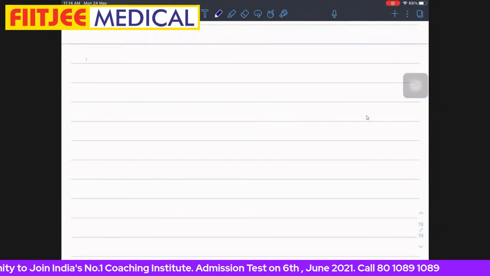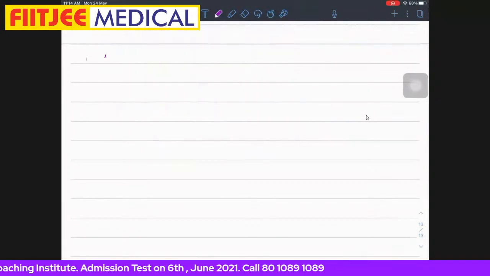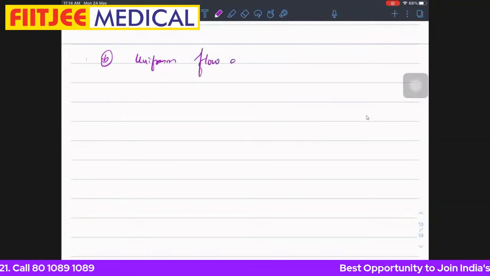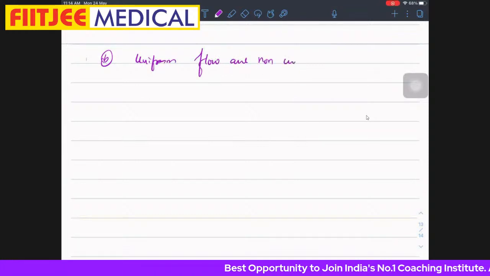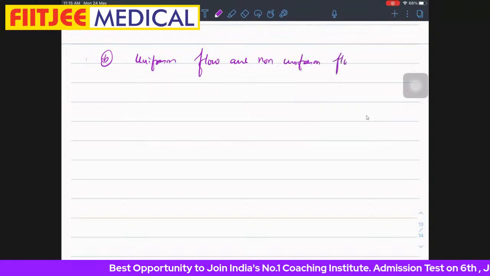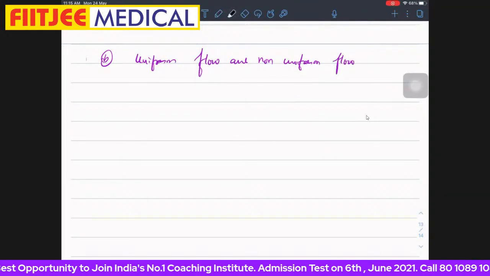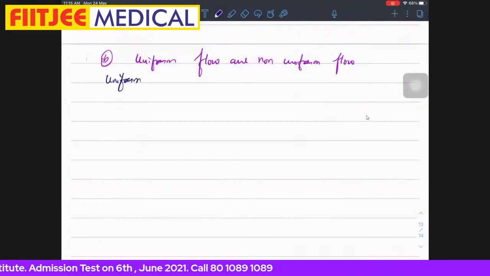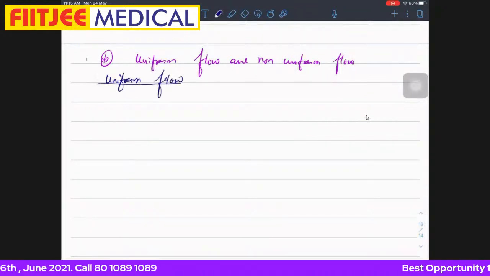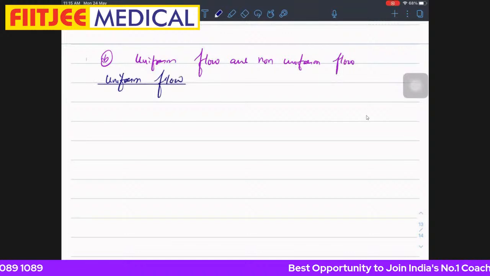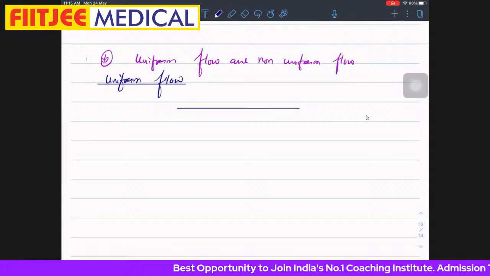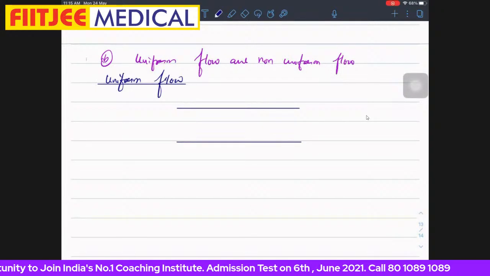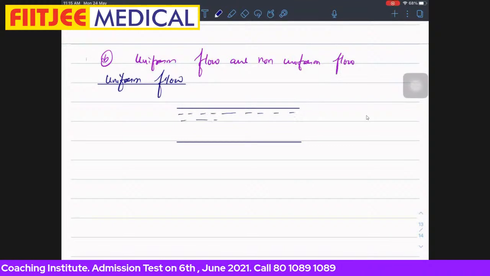In the same way, there is uniform flow and non-uniform flow. So what is uniform flow? If the liquid flows in such a manner that at each and every cross section the velocity is the same at a given instant of time, then del v by del x should be 0.